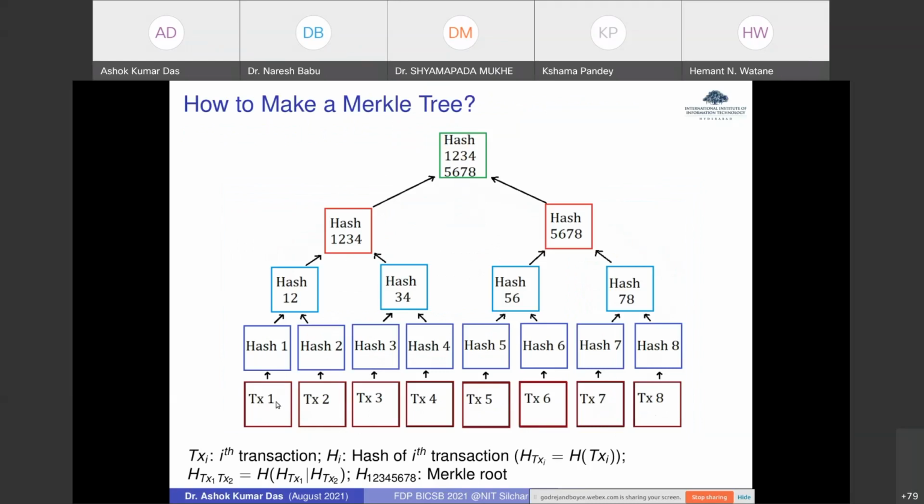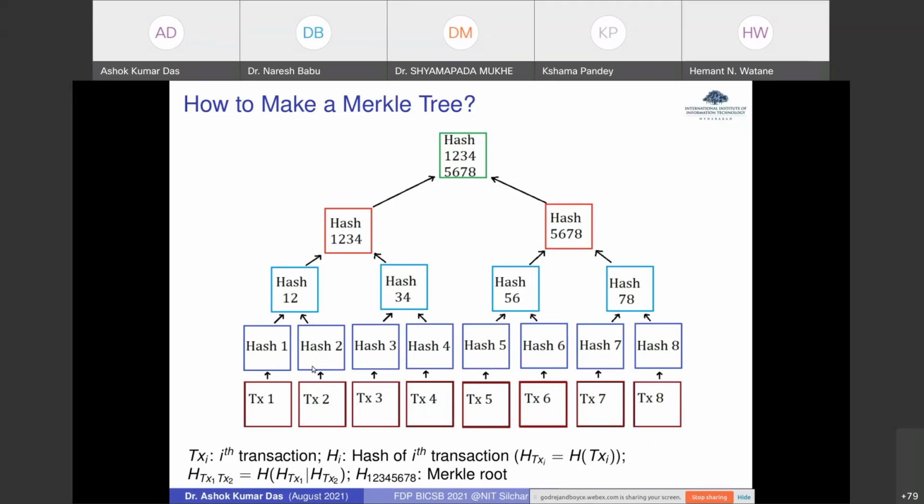So, for example, say we have transactions 1, 2, 3, 4, 5, 6, 7, 8. First we compute the hash value of all the transactions: hash 1 for transaction 1, hash 2 for transaction 2, hash 3 for transaction 3, and hash 8 for transaction 8.